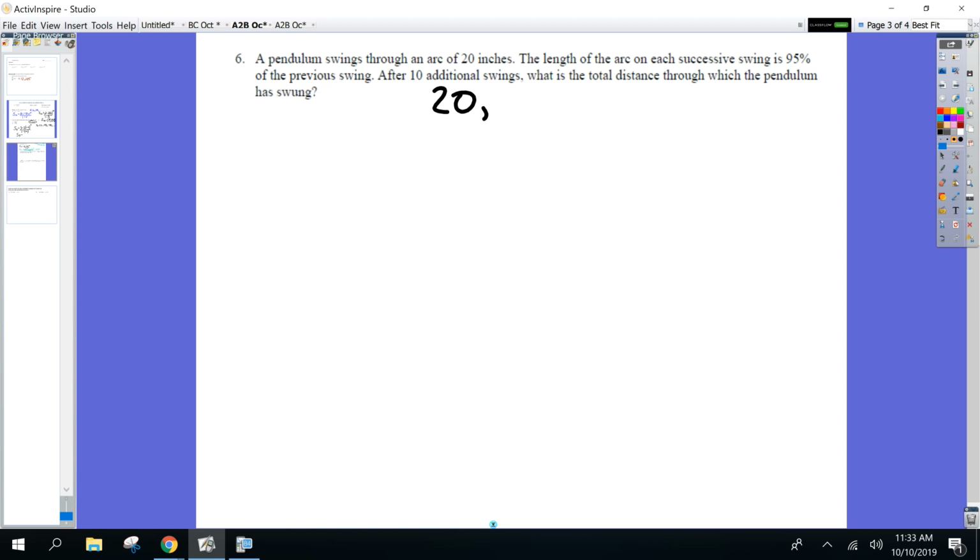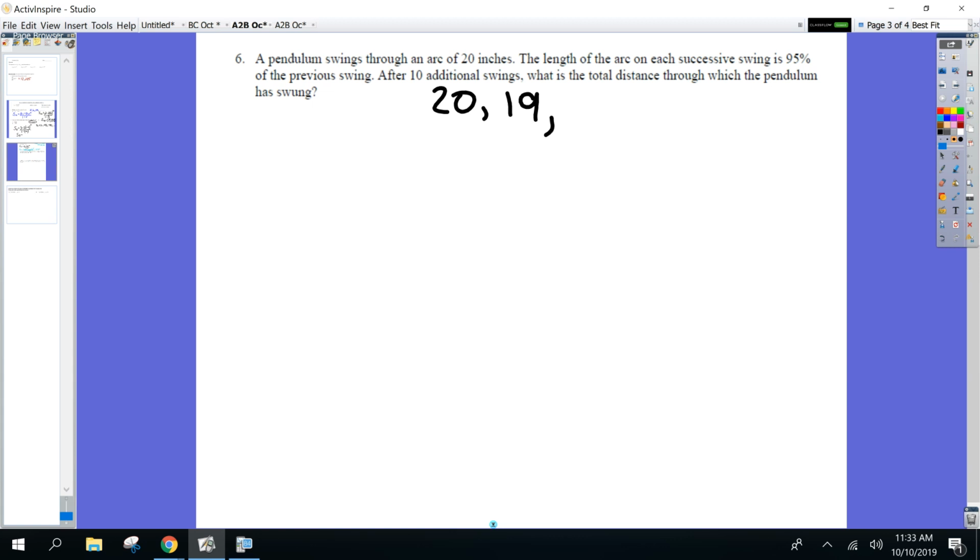Multiply it by 0.95. So what's my next swing going to be? 20 times 0.95? 19, yep.